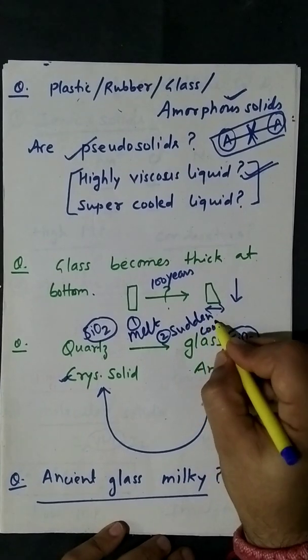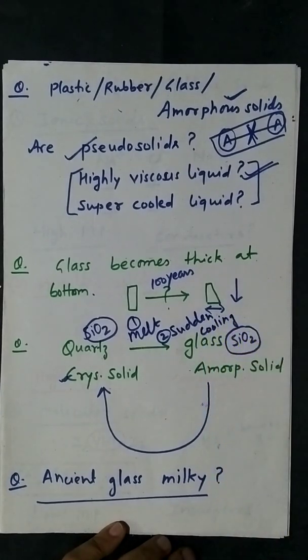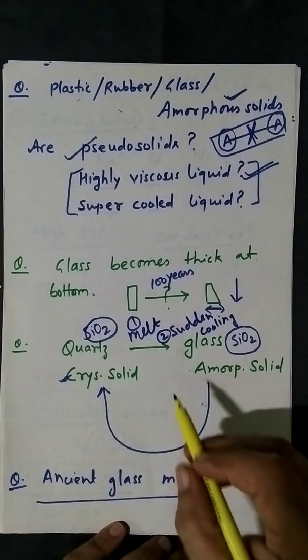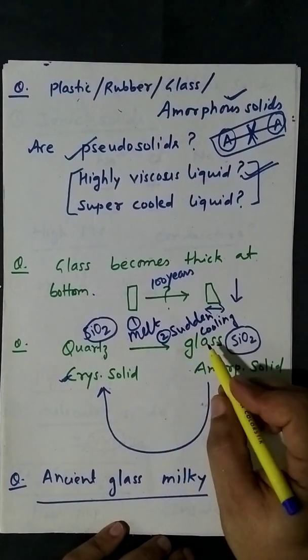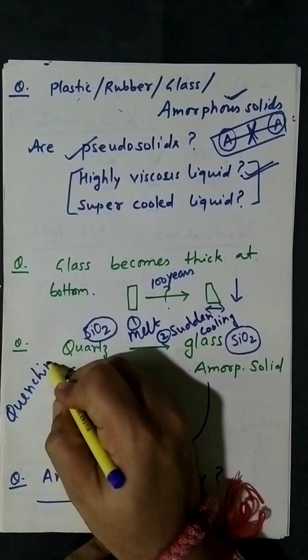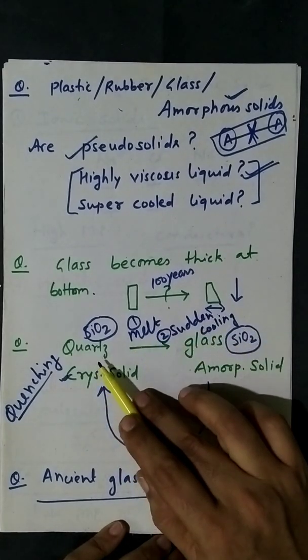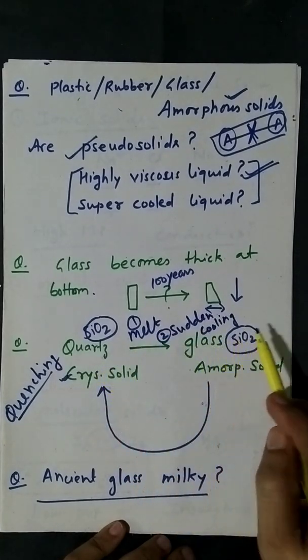When you implement sudden cooling, the particles freeze without occupying a particular position. It will give us a random arrangement. It means it will give us amorphous solid. Melting followed by sudden cooling. This is also known as quenching. So by quenching, melting followed by sudden cooling, you can convert quartz into glass.